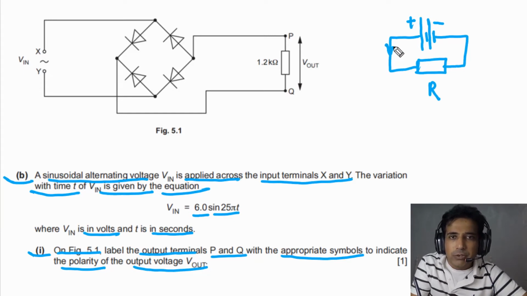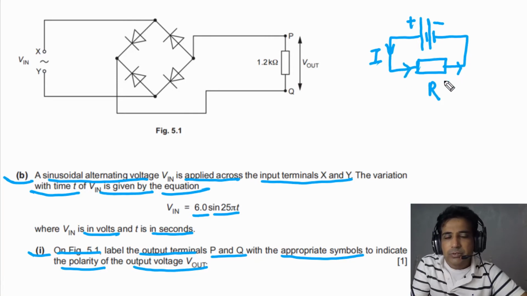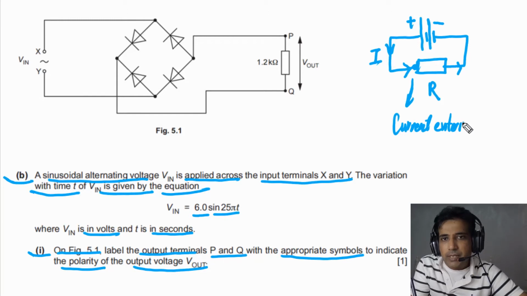So conventional current will flow from the positive terminal of the battery and it will pass through this resistor. Now we need to understand this side, and this side is the current entering side. So we have the current entering side, and the current entering side is connected with the positive terminal of the battery.